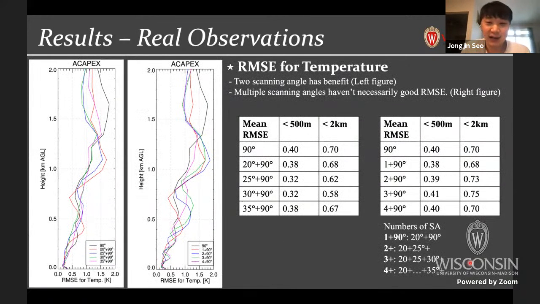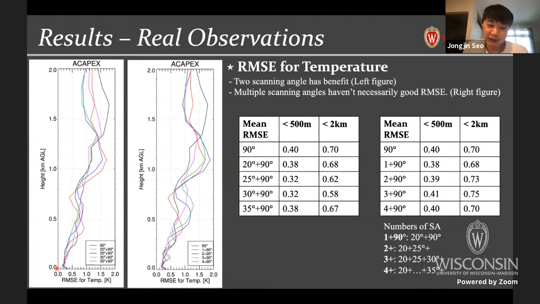And these are the RMSE for temperature. So the left figure is from 2 scanning angle test, and the right figure is from multiple scanning angle test. The black is a single zenith, and the different colors mean the different scanning angle combinations.